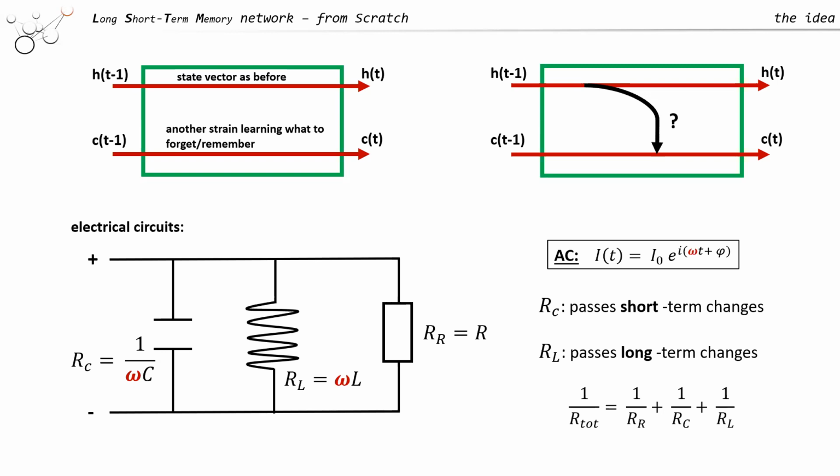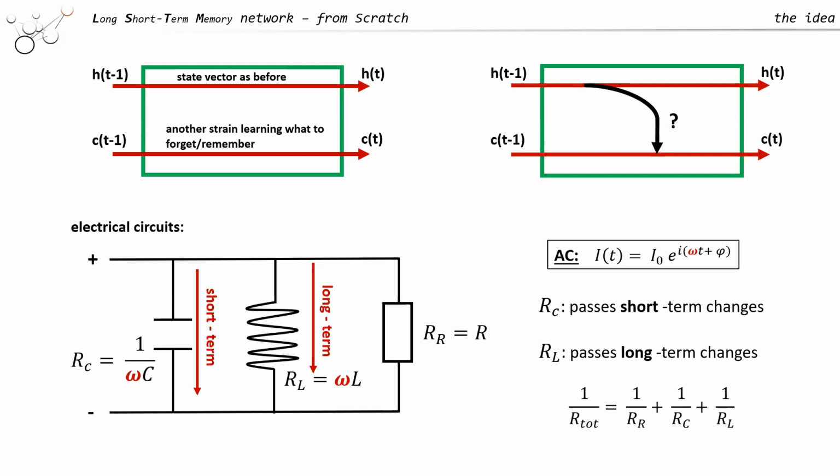So you have these 2 strains and they have to communicate with each other, but you need at least 2 different gates: a gate for short-term changes and a gate for long-term changes. Somehow you have to remember what is important long-term and what is important short-term. For example, if we add some noise to the data, this is not worth remembering because it's random noise.